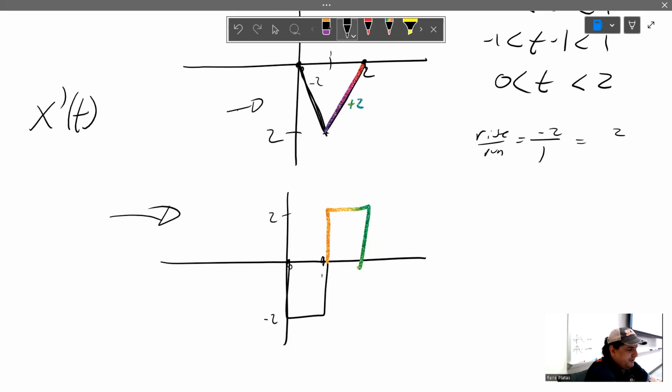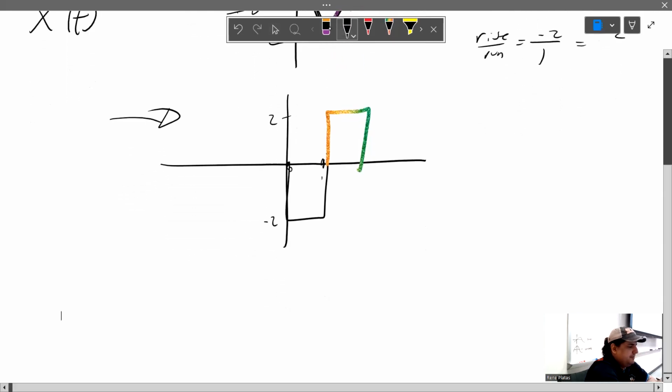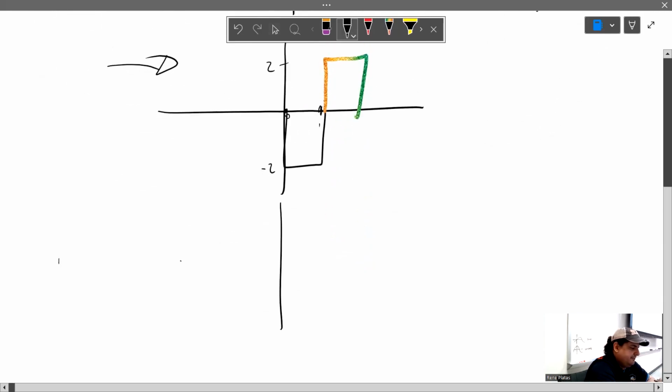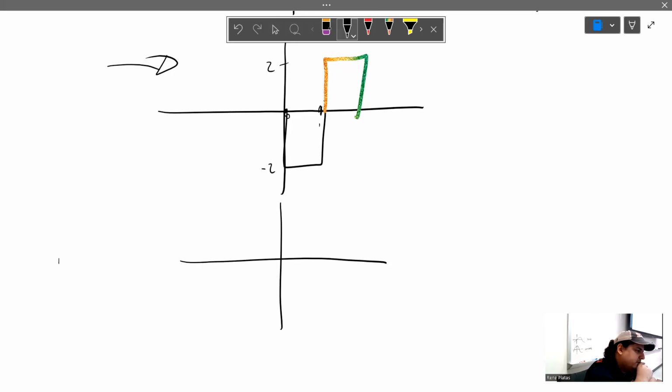Now we need to find our second derivative because it still doesn't look like pulses. We draw it again. The slope at 0 is infinity. Right, it's undefined, it's infinity. That's for mathematics. For engineers, the slope at 0 is -infinity with an amplitude of -2.